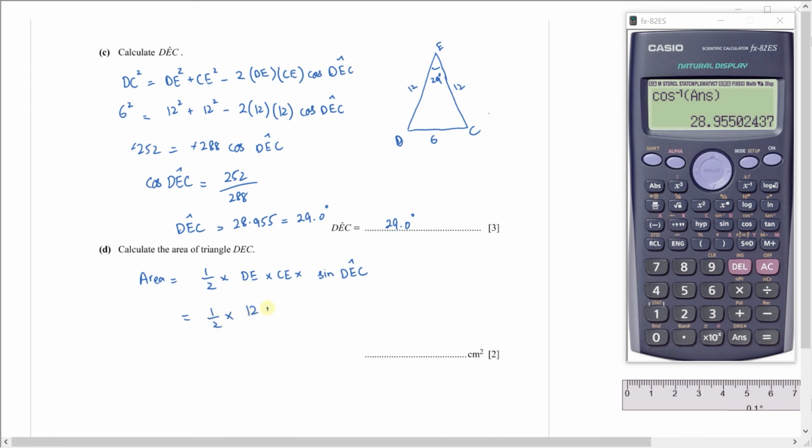DE is 12, CE is also 12, and then sine of 29.0 degrees. So 1 over 2 into 12 into 12 into sine of 29. So this area is 34.9 centimeter square up till 3 significant figures.